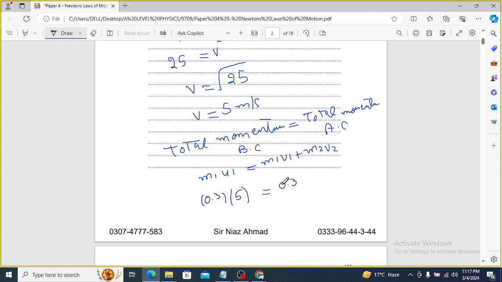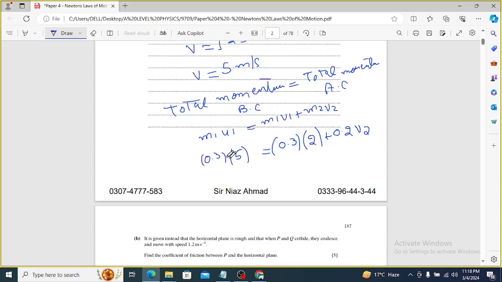Where did this 2 come from? Here it is given that P continues with speed of 2 meters per second. Then mass 2 is 0.2 into velocity v2. We have to calculate Q's velocity. So 5 times 0.3 is 1.5 on the left hand side.